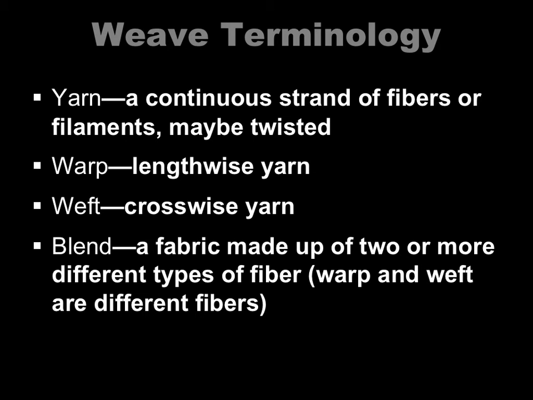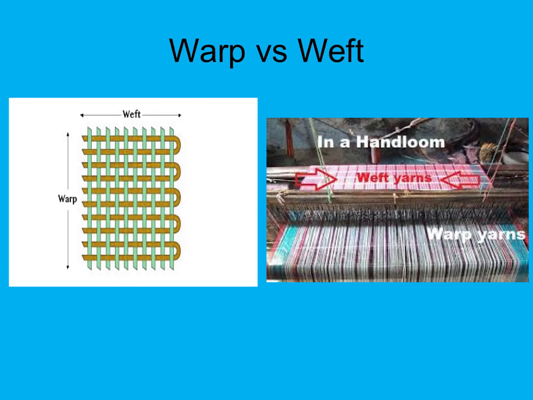The warp is the one that goes lengthwise, and then the weft is what goes crosswise. If you have a blend, it's going to be made up of 2 or more different types of fibers. So if you take a look here, here's the warp again, lengthwise, and our weft is going to be cross.